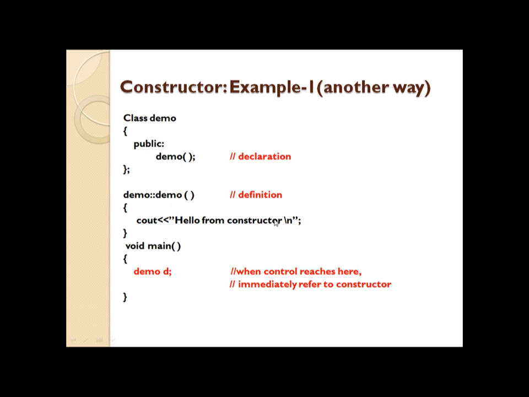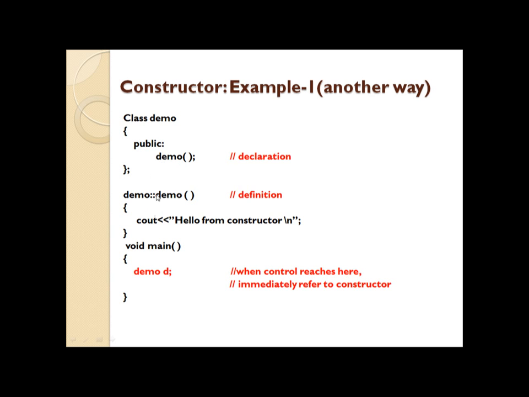We want to flash a message, hello from constructor. And in the main function, we are simply declaring object D of class demo type. As soon as the compiler gets this statement, demo D, immediately it will refer to this constructor, and then it will search for the working style of the constructor.